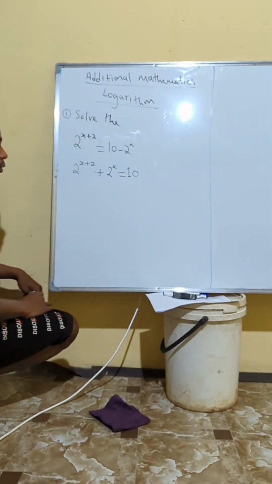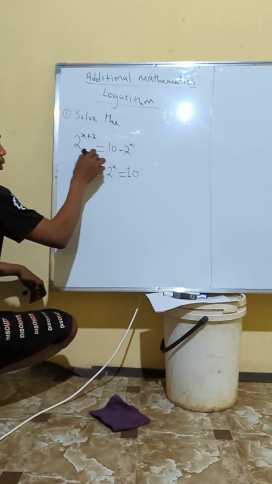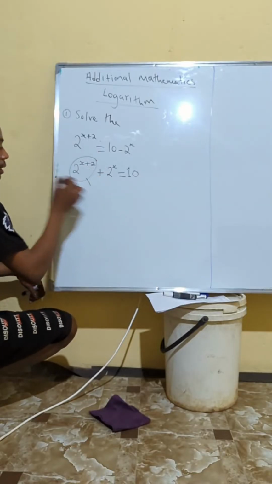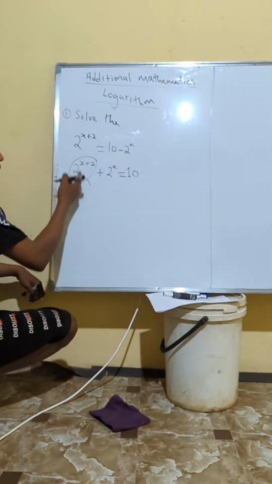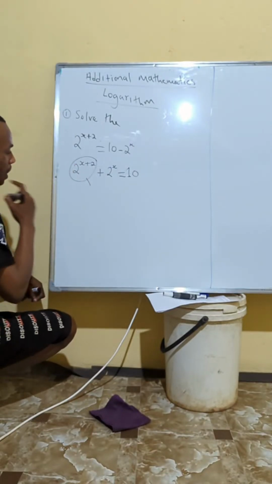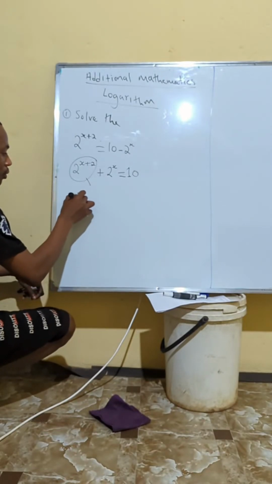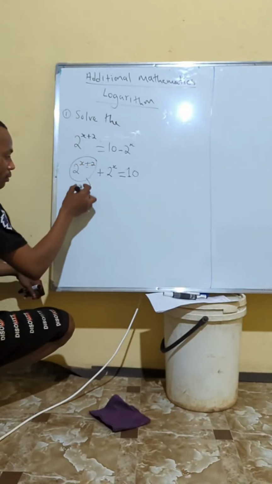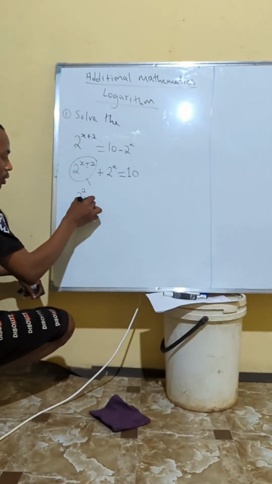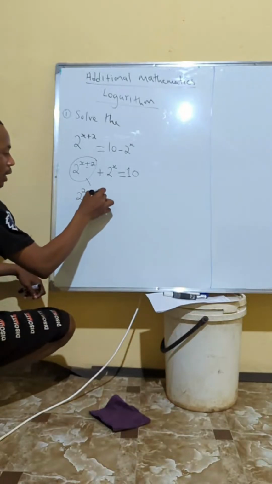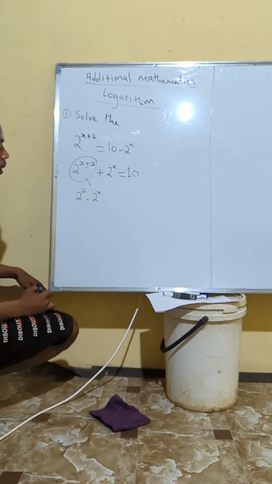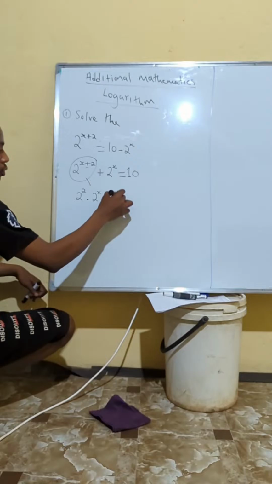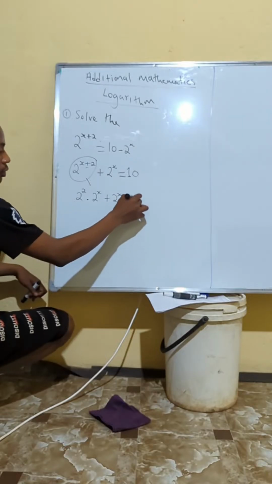Then when we reach here, we are going to break this down by applying the laws of logs, which we are going to have 2. If it's a positive, it means we are going to multiply: 2 to the power x, then plus 2 to the power x is equals to 10.